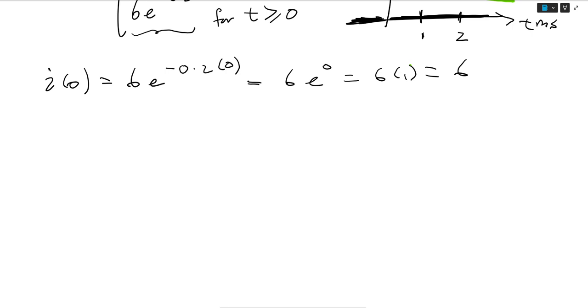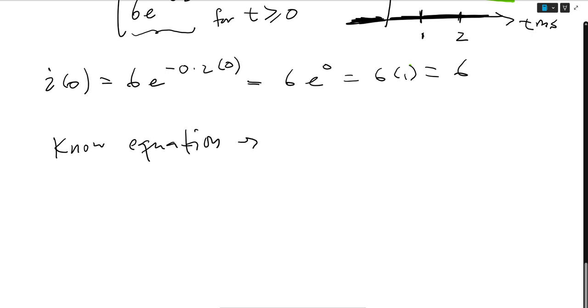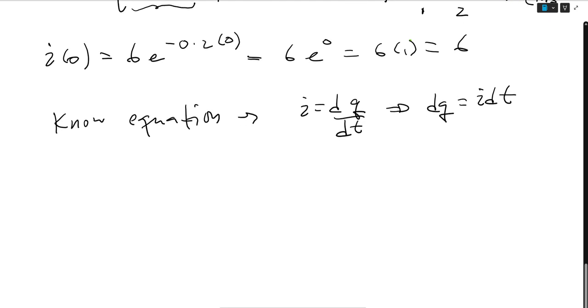So now all we need is our fundamental equation, which says I equals dq over dt. Then that would mean that dq equals I times dt.